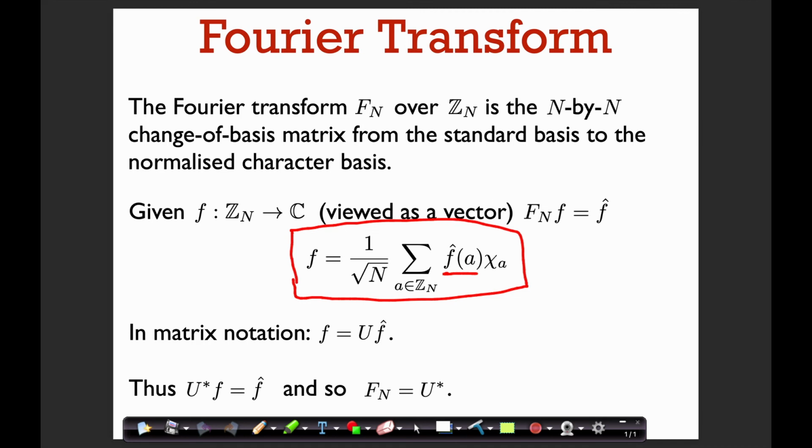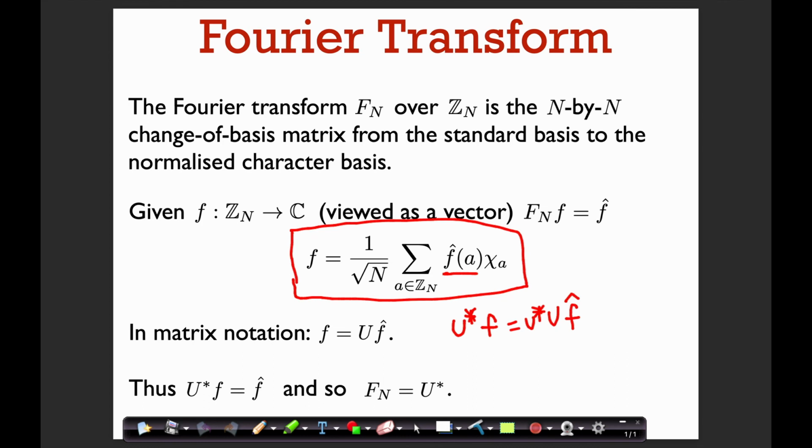Now again, what are we after? We're after the matrix Fn, such that Fn times f gives us f hat, right? So it gives us these Fourier coefficients, the coefficients that tell us how to write f in the character basis. So if we just look at this equation here, and we multiply both sides by the conjugate transpose of U, then we have U star U f hat.